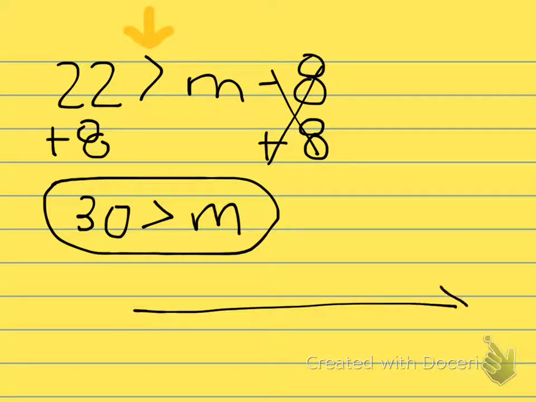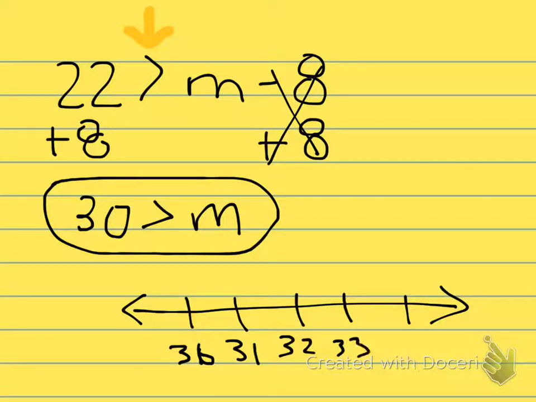So if I were to do a number line here, I would put a point at 30, and then it's reading m is less than 30, so I'd have to put an arrow pointing towards numbers that will be less than 30 on my number line.